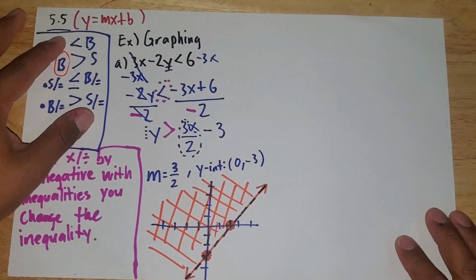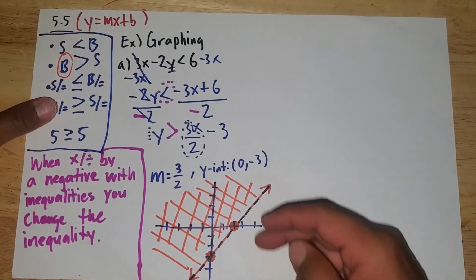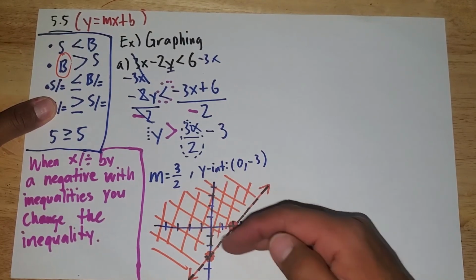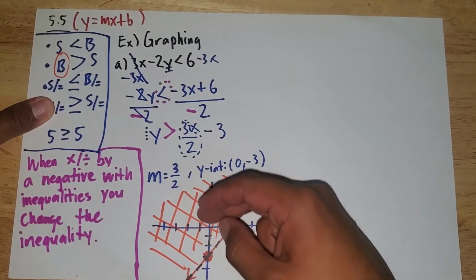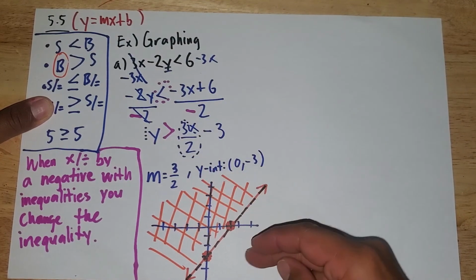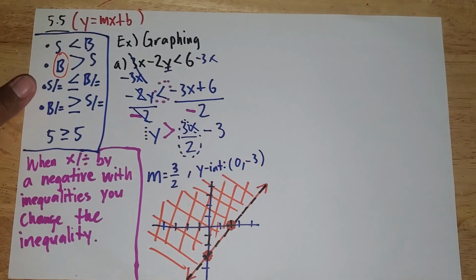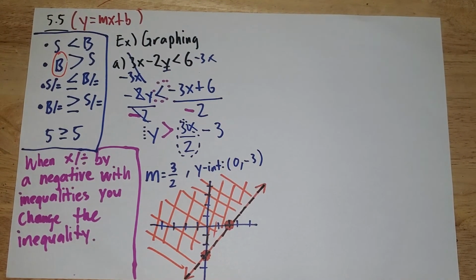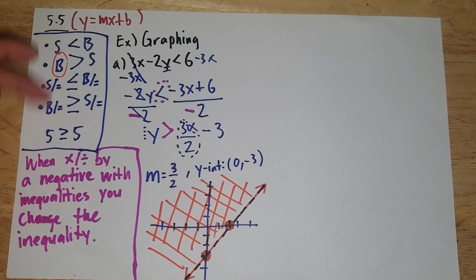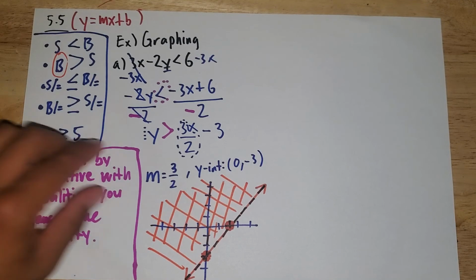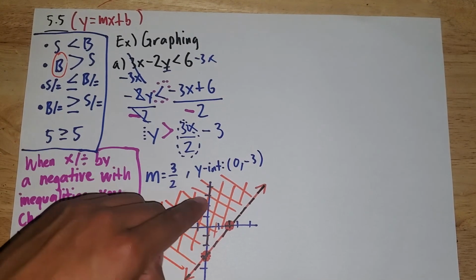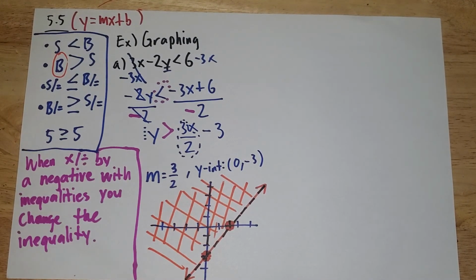Most people, when they teach this, ask you to use points to plug into this inequality to verify if the inequality is still true. But using this idea here voids that. There's no need, because as long as you know y is bigger, that is going to be your answer.